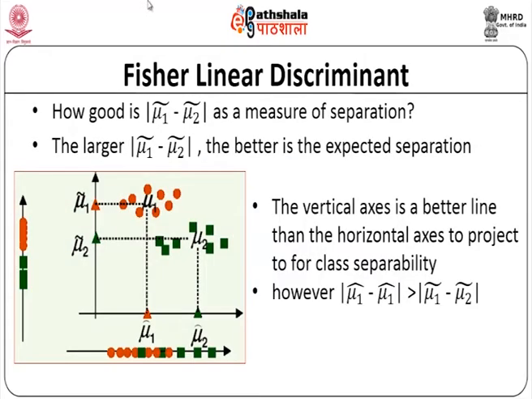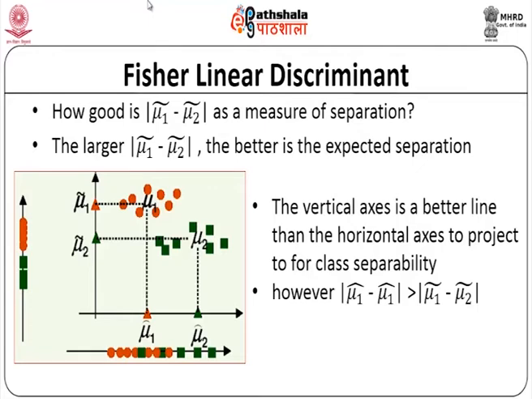So, how good is this measure of separation? The larger the difference, the better is the expected separation. The larger the difference between the projected means of the two classes, the larger is the separation. That is a natural and intuitive way to talk about it. So, the vertical axis is a better line. Now, if you look here, you have the original mu1 and original mu2 in 2 dimensions, and then you have projected onto a vertical axis and a horizontal axis.